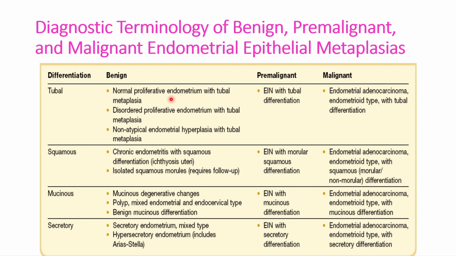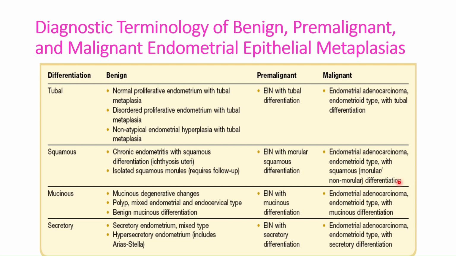Now, squamous differentiation. Mostly in chronic endometritis, squamous differentiation of extensive nature is called ichthyosis uteri. If isolated squamous morules are seen, it requires follow-up. In a pre-malignant condition, it is EIN with morular squamous differentiation. Endometrial adenocarcinoma, endometrial type with squamous, morular or non-morular differentiation.